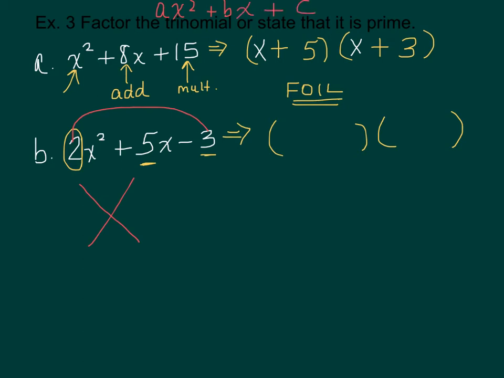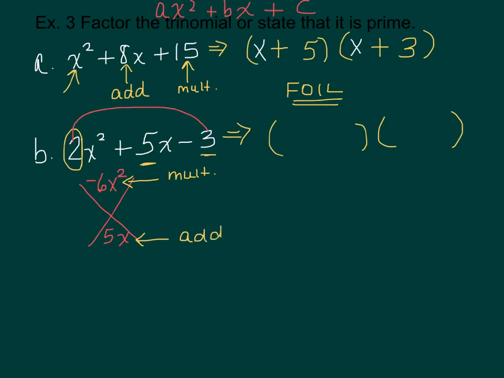So you're trying to find two factors that multiply to give you negative 6x squared, but then they have to add to give you 5x. So this is what they have to multiply to, and then this number they have to add.